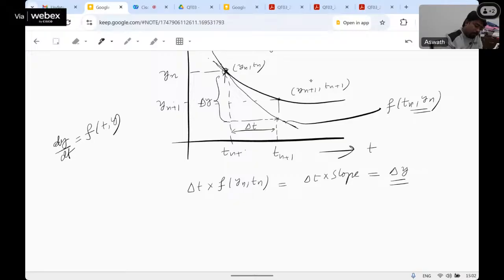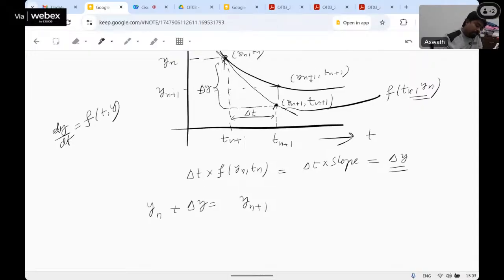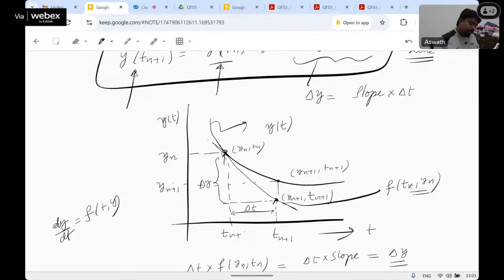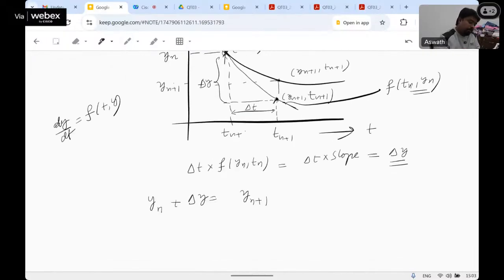So to the initial y value, I add delta y and I get yn plus 1. This is the point yn plus 1 comma tn plus 1. So when I do Euler's integration, I get a point here.